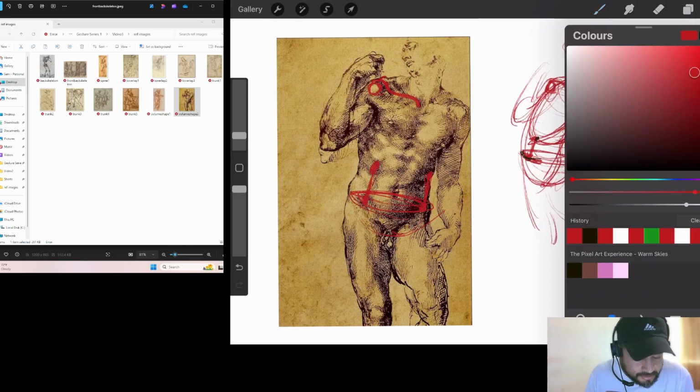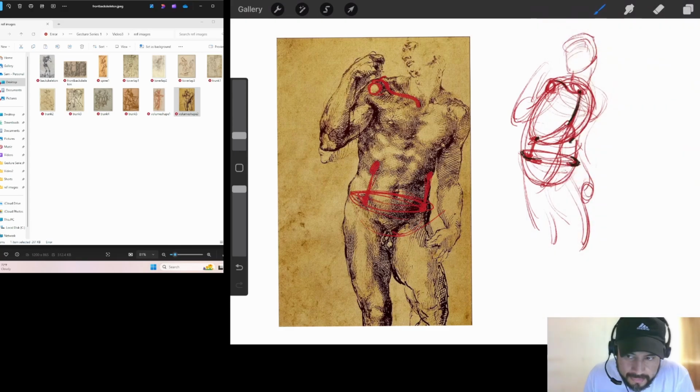Actually, I'll do it in black. And then there would be one on the other side going to the other humerus, like we can see here. Okay, we've added all the landmarks necessary. Actually, I've forgotten to put the belly button around here. Let's continue on identifying the elbow.